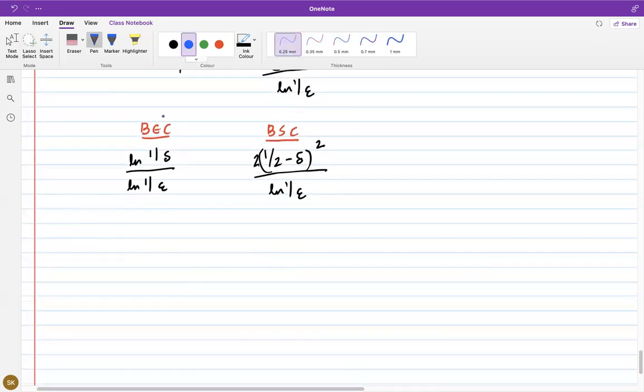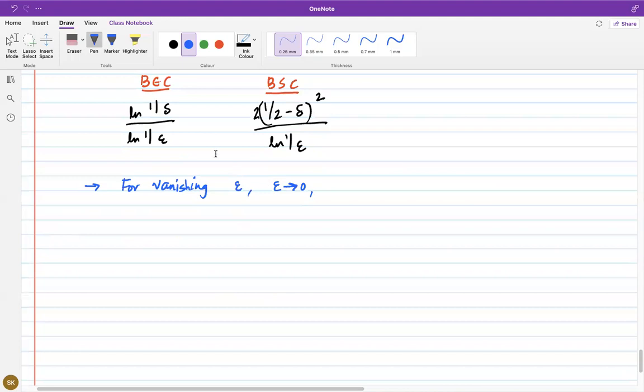Now the remark here is that if you want this epsilon to be arbitrarily small, that is for a vanishing epsilon, epsilon tends to 0, then the number of bits per channel use that you see, both of them actually go to 0.